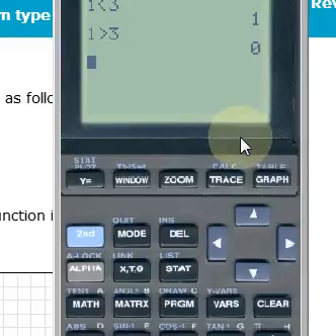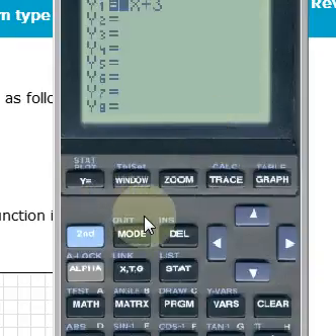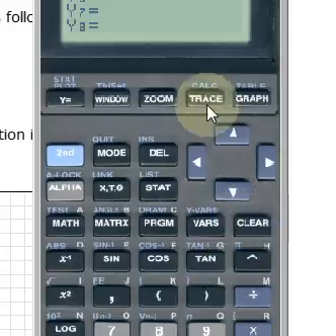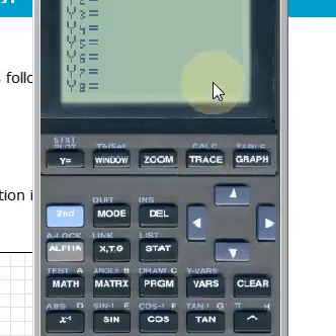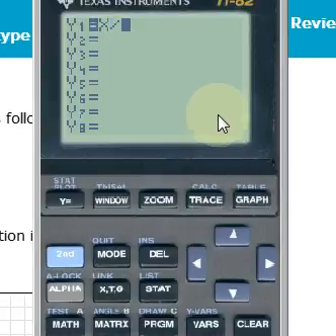What can we do with 0 and 1 if we know that they're true or false? Well, let's try plotting in the calculator. I'm going to show you something here. If we go here, let's say we want to plot x divided by 0, which will give a graph of nothing.